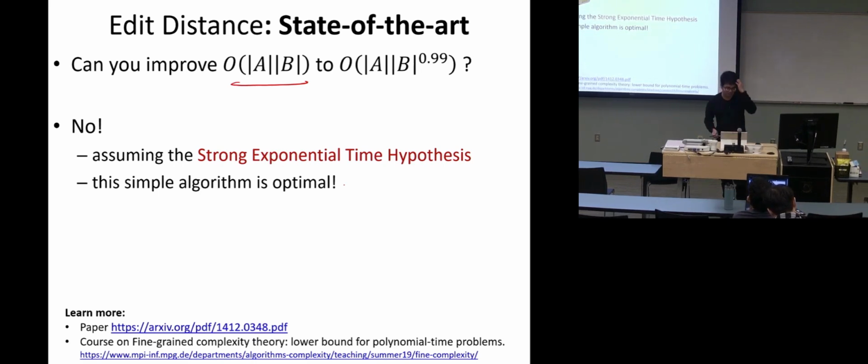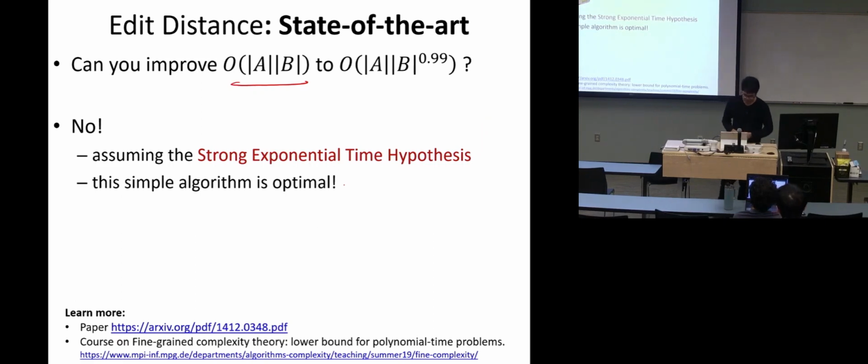It turns out that the answer is surprisingly no. If you can improve it, it's going to contradict some conjecture that people believe. So this is a kind of conditional lower bound. If you can improve this, you will basically solve SAT faster than what is known.